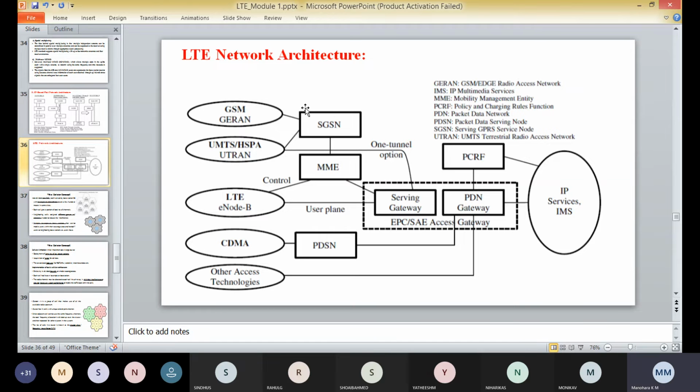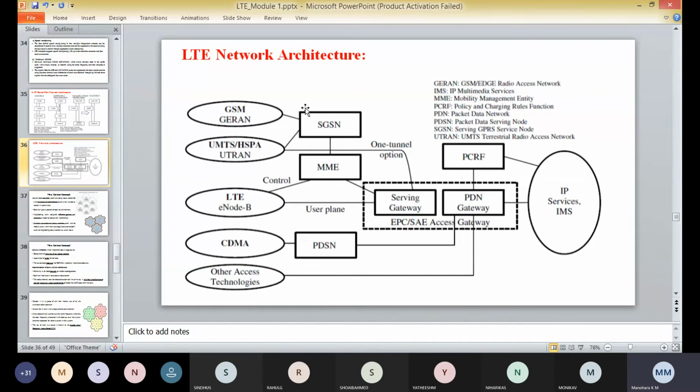The serving gateway terminates the interface towards the 3GPP radio access network. The packet data network gateway controls the IP data services, does routing, allocates IP addresses, enforces policy and provides access for non-3GPP access networks.